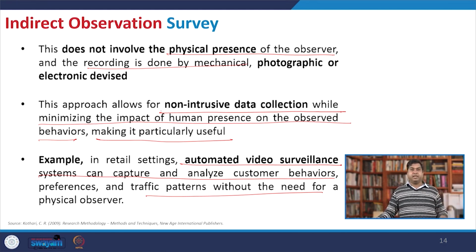So, in that case there is no researcher or observer required to record the video, it is installed, mechanically it is recorded. Now, for the analysis you can also have some kind of algorithm developed by which it can detect, or else you can have some manual intervention, but that may not be required in real time. So, you can take a judgment.